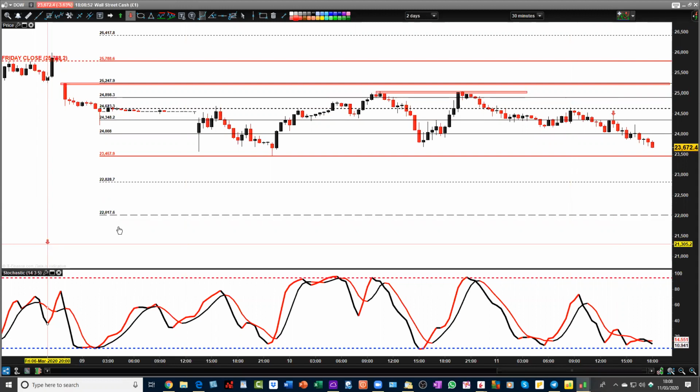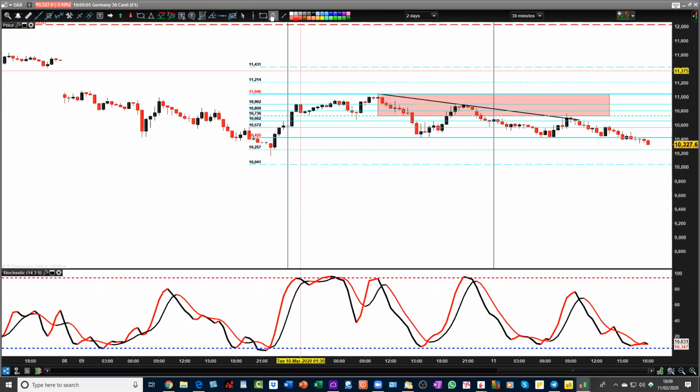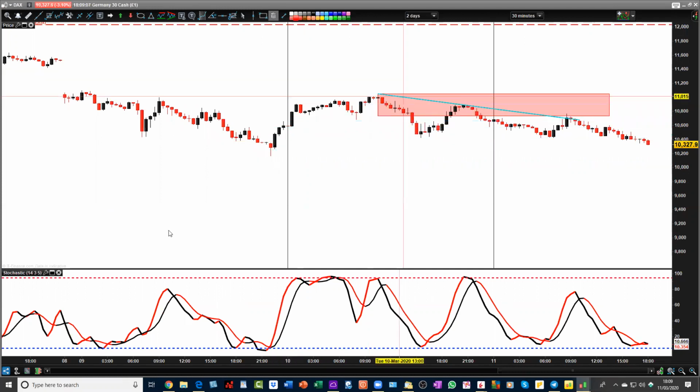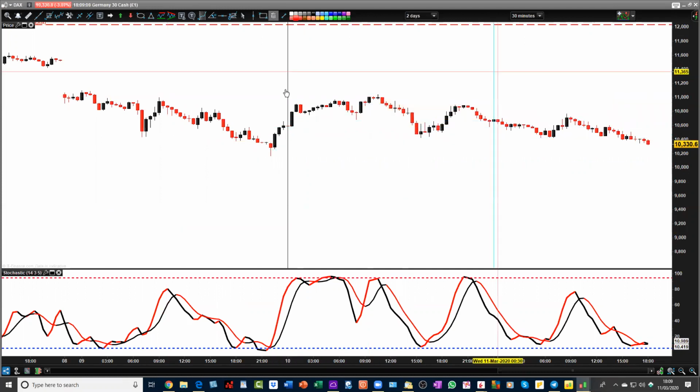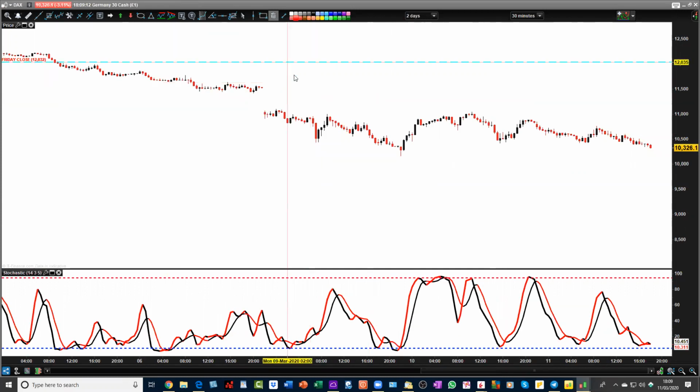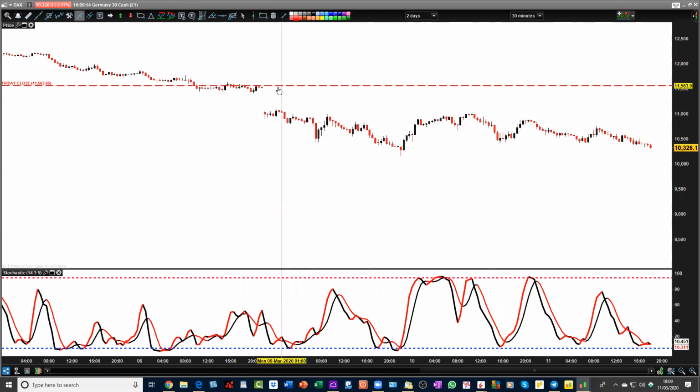Okay, let's take that and look at the DAX, and let's do the same thing on the DAX. Let's start again. The 30-minute chart, the gap Friday close was up there.